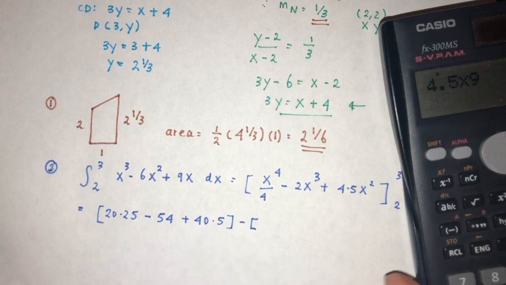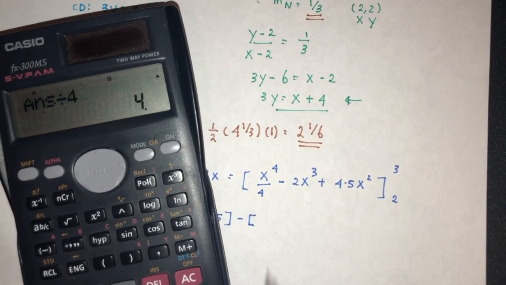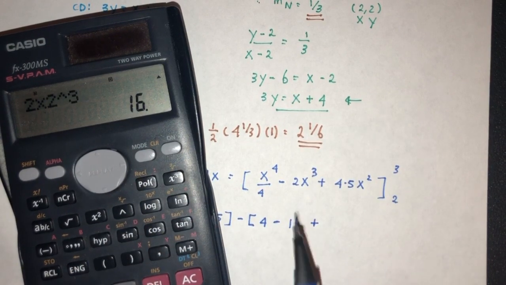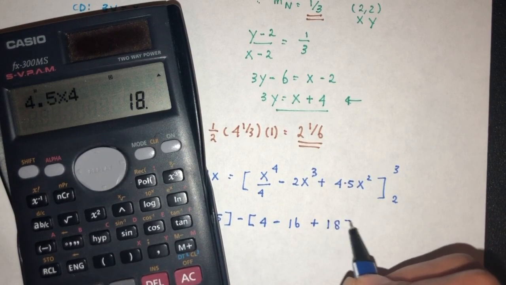So minus, now for 2 power 4 is 16 divided by 4, that should be 4, minus 2 times 2 power 3, that should be 16, plus 4.5 times 4, that should be 18.